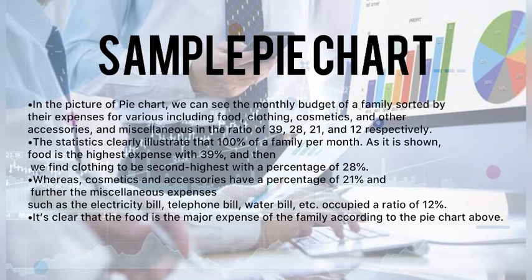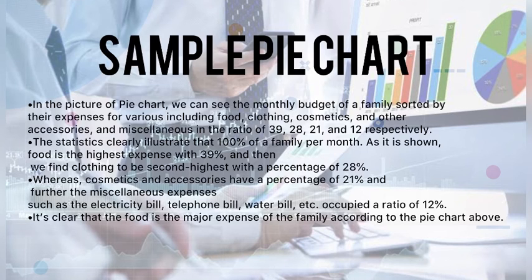As is shown, food is the highest expense with 39%, and then clothing is the second highest with a percentage of 28%, whereas cosmetics and accessories have a percentage of 21%, and further the miscellaneous expenses such as the electricity bill, telephone bill, and water bill occupied a ratio of 12%.